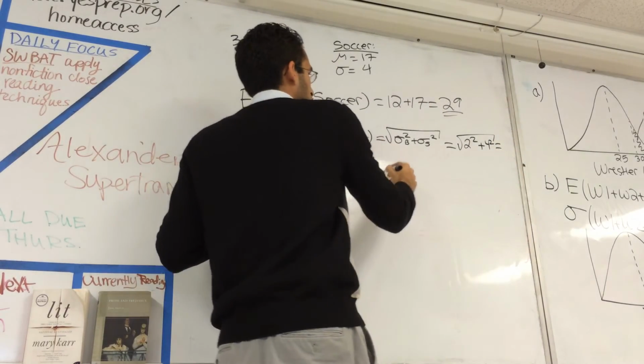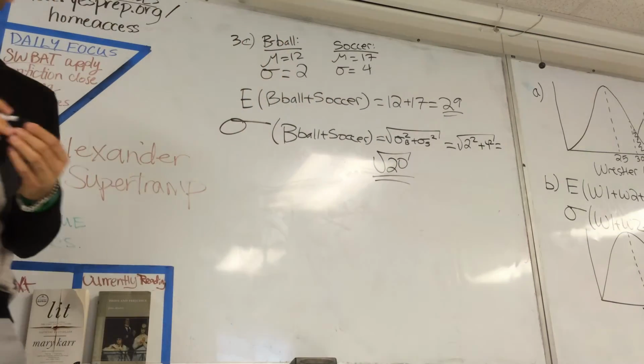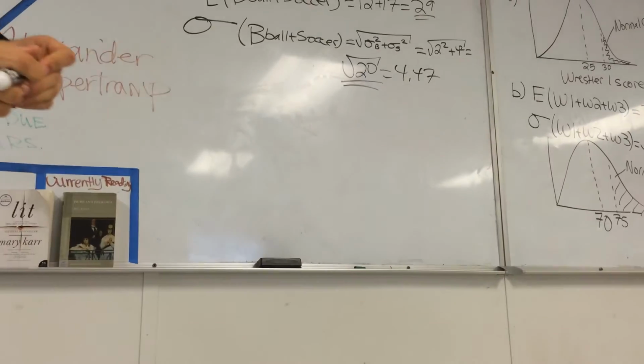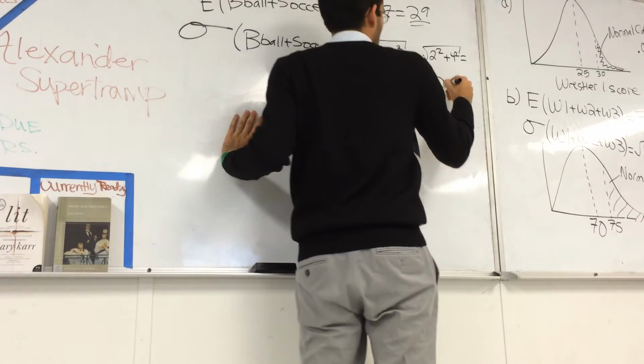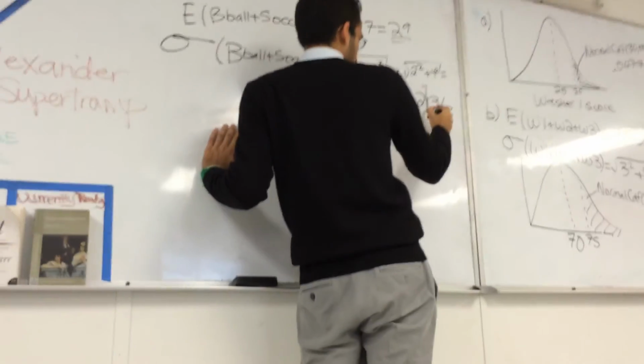So this will be the square root of 20. So that's just another model of how to do that. And if you wanted the decimal, it equals 4.472136. So you need to at least do up to here.